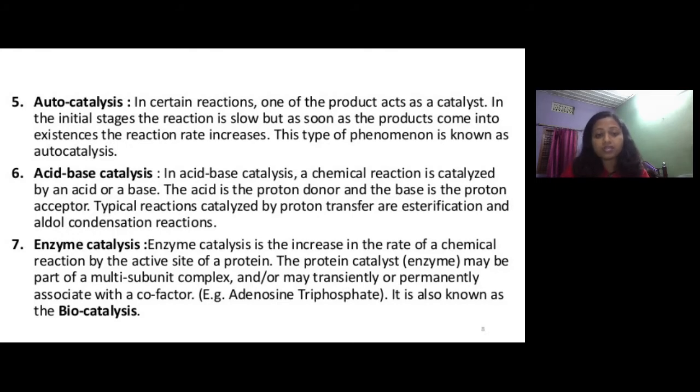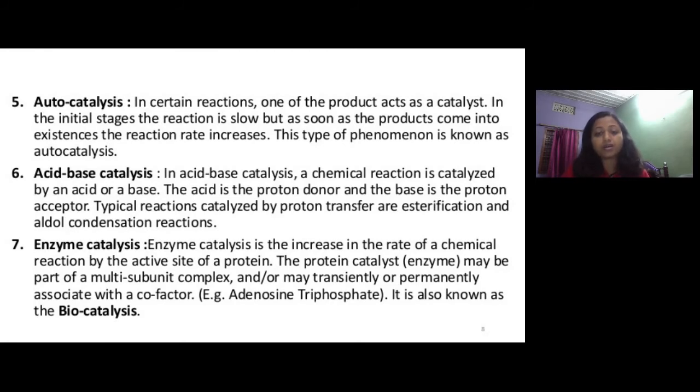And enzyme catalysis is the increase in the rate of a chemical reaction by the active site of a protein. That means the catalyst is a protein, and it is called actually enzyme.